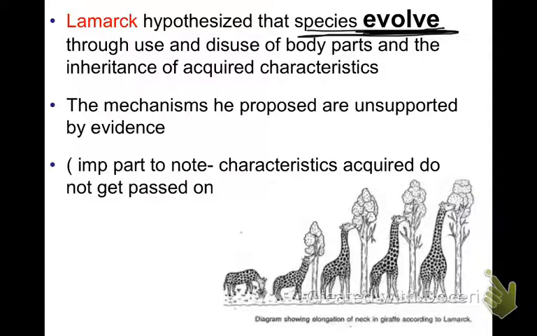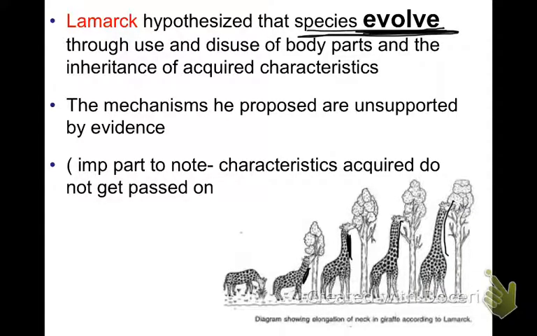According to him, if a giraffe has a short neck and is searching for food, and it finds food in a slightly tall tree, and it has to stretch its neck, so its neck gets stretched further, and that is how a giraffe has evolved.